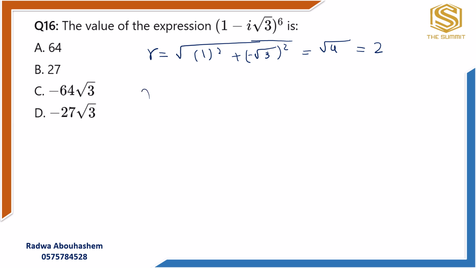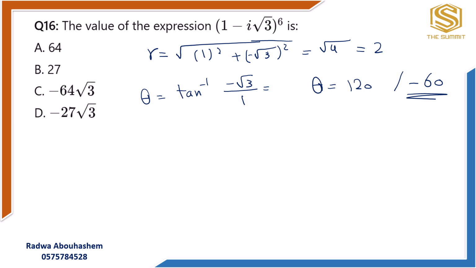Now let's get the theta. It's the inverse of tan of b over a, so negative root 3 over 1. This gives me 120 or negative 60. So theta here is 120 or negative 60, and I prefer to use negative 60. It's easier in calculations.